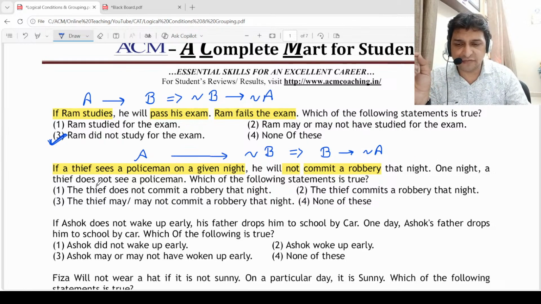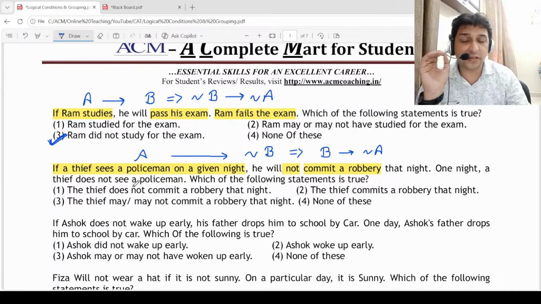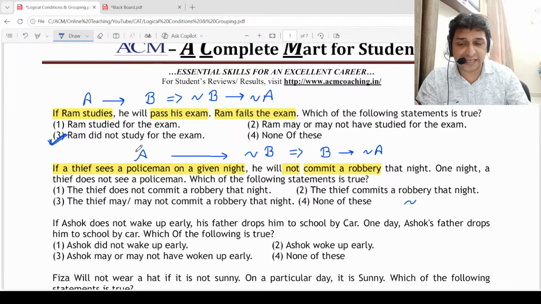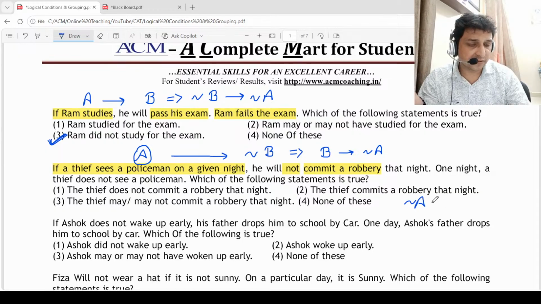Now, one night, a thief does not see a policeman. Does not means negation. Seeing a policeman is A, so A did not happen. That means B may or may not happen.